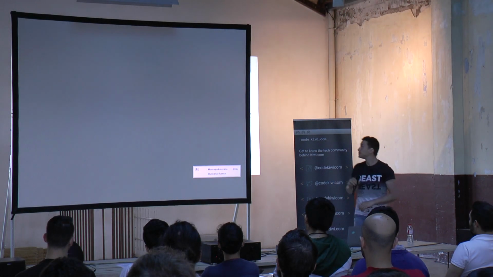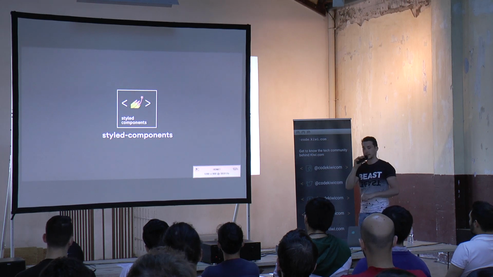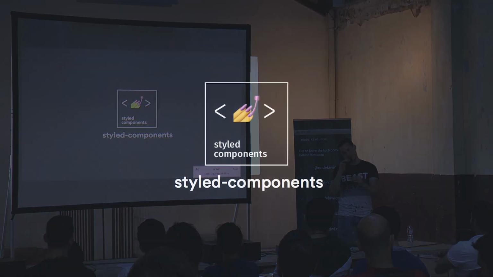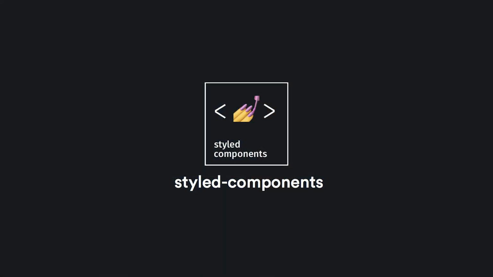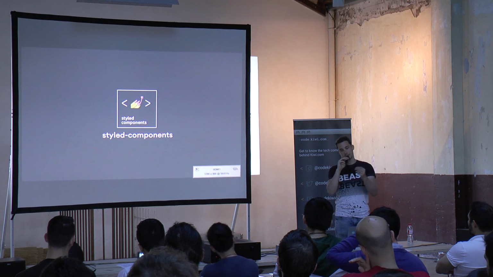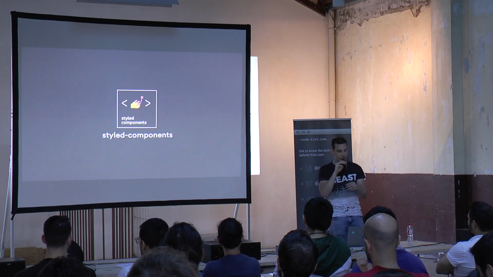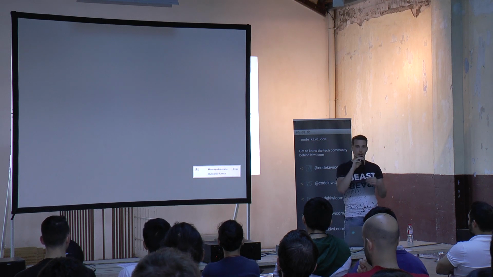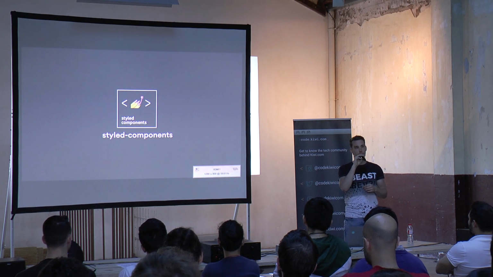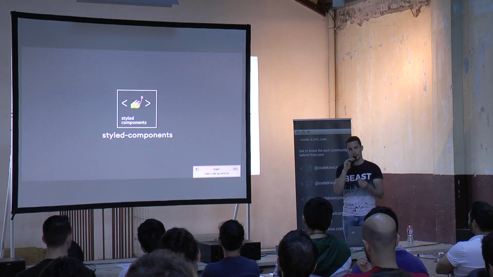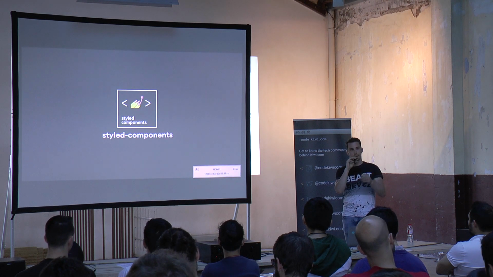As I said, we are using styled components for styling, or the core CSS. Styled components are here to be the successor of CSS modules, and I think that the team is doing a great job. It allows us to have plain CSS in a JavaScript file.